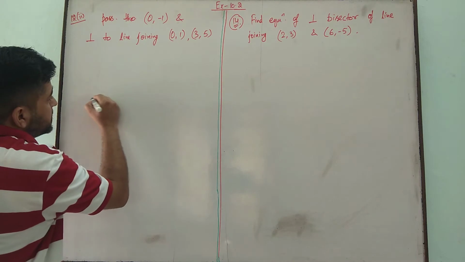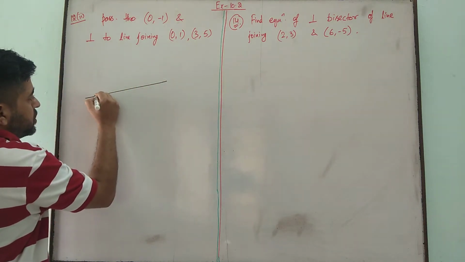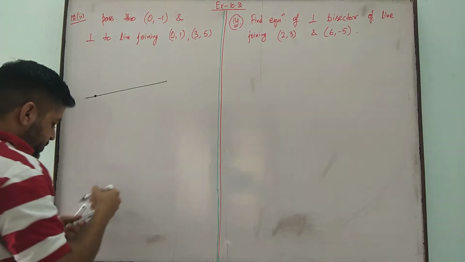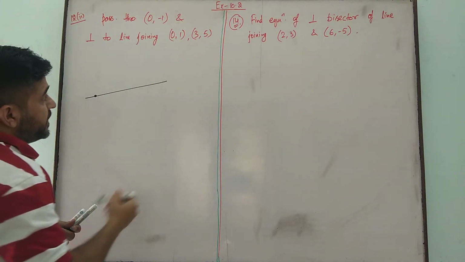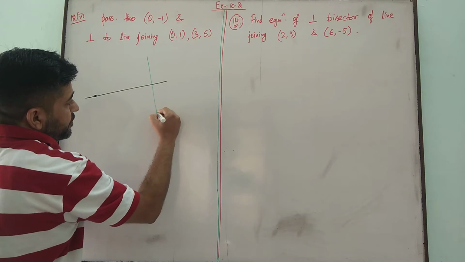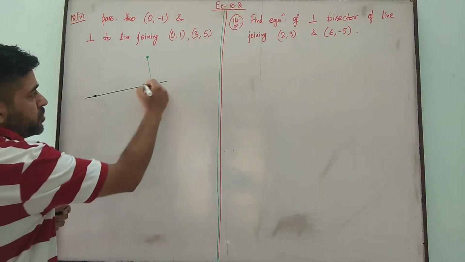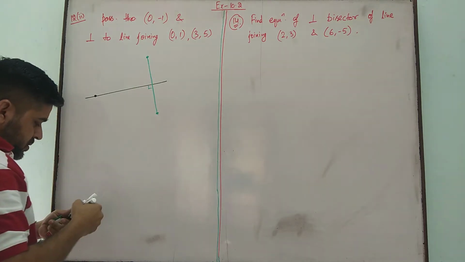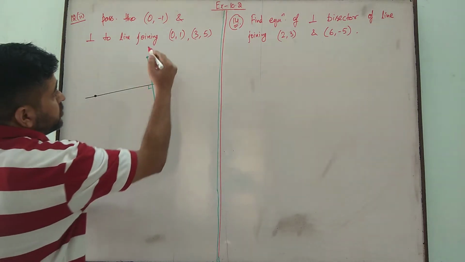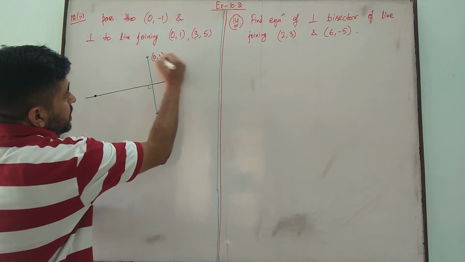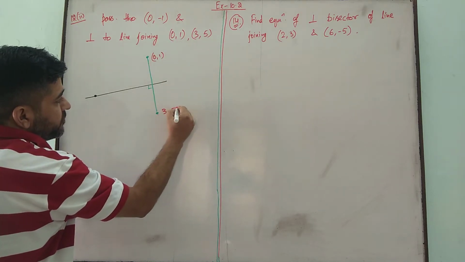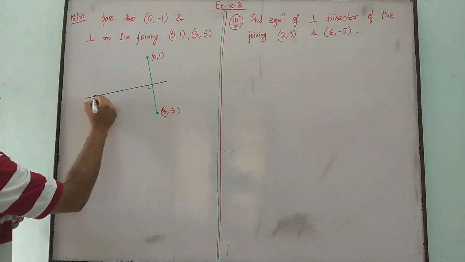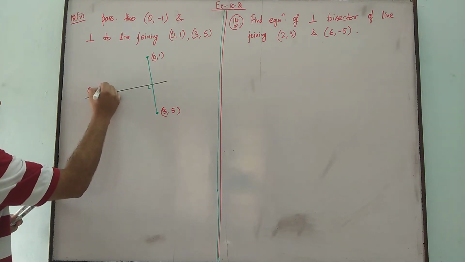The line is passing through a point (0, -1) and is perpendicular to another line which is the join of 2 points, that is (0, 1) and (3, 5), and the line itself whose equation we are finding is passing through (0, -1).